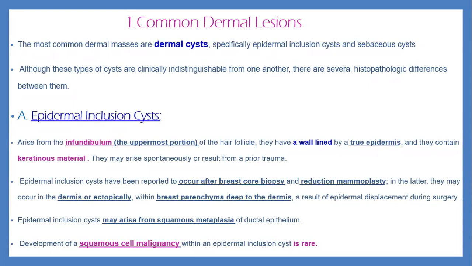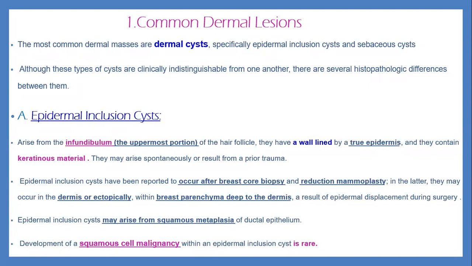From its name, epidermal inclusion cyst, it is epidermis being included within the dermis, or sometimes even ectopically within the parenchyma, and this usually occurs as a result of injury or trauma.